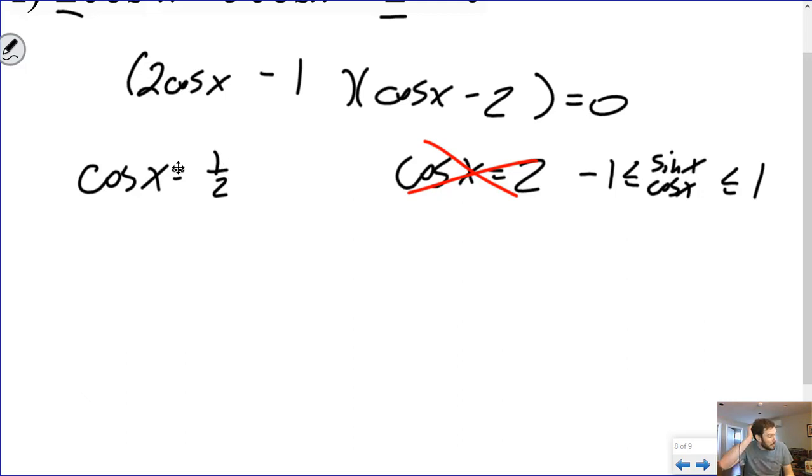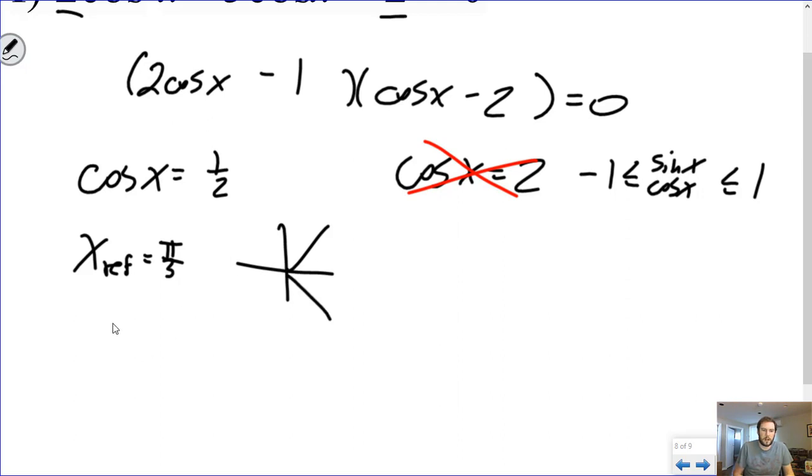Again, this is my pi over 3, right? So my reference angle for x is pi over 3, right? So if we're looking at our CAST rule, it's pi over 3 here, it's pi over 3 there.